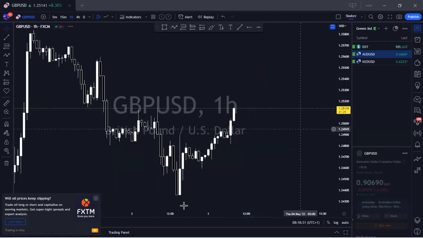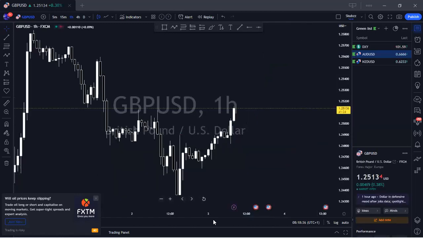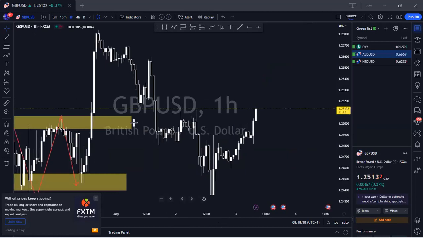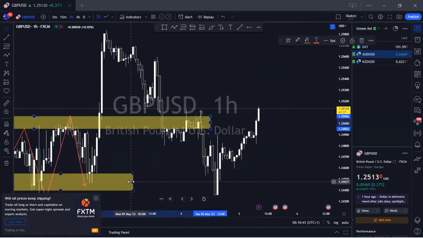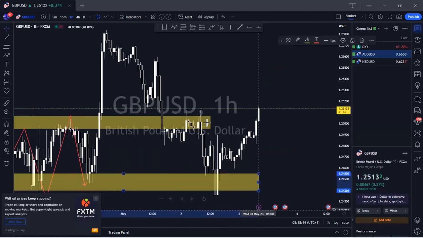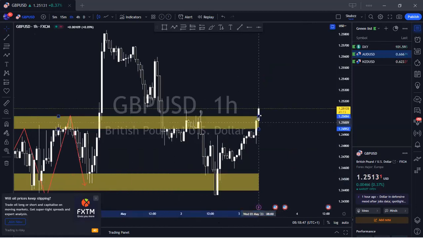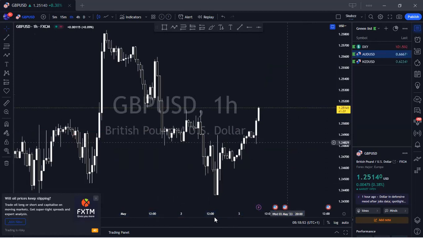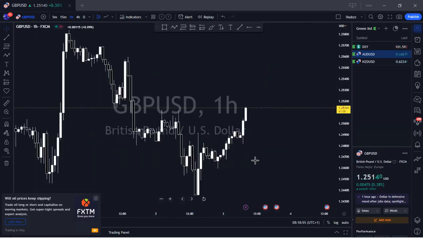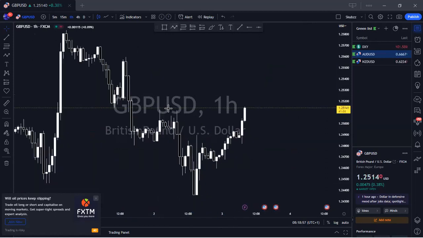This is one thing I don't like about these pairs, especially pairs I don't trade. Okay, so now let's analyze this here.